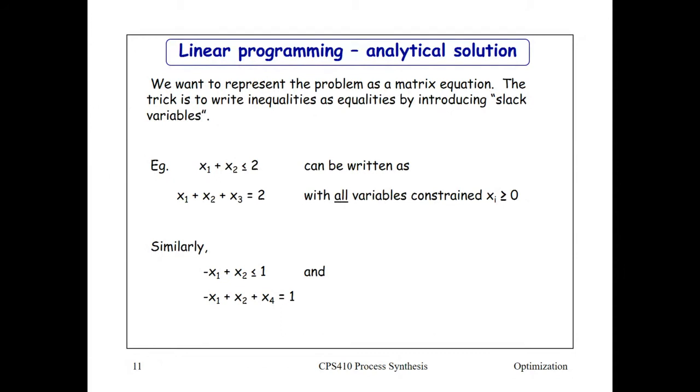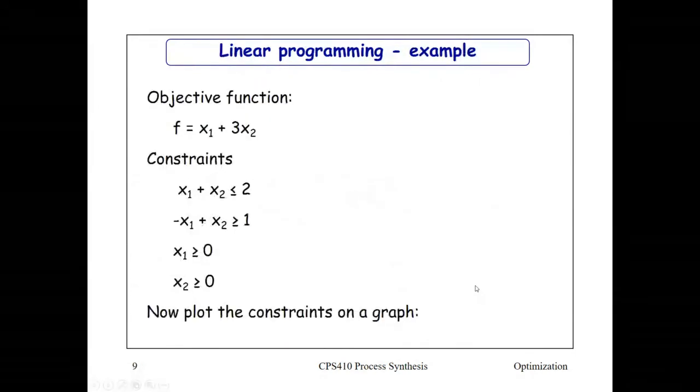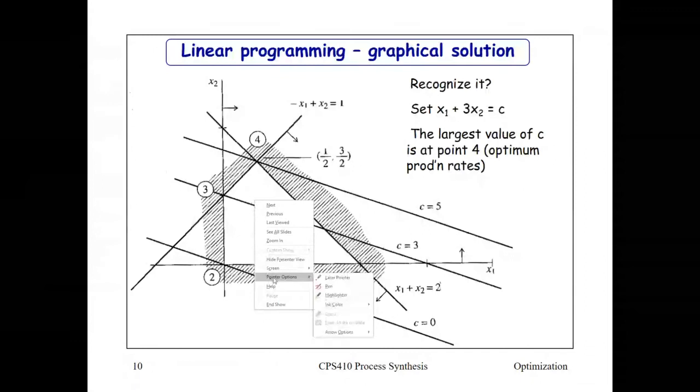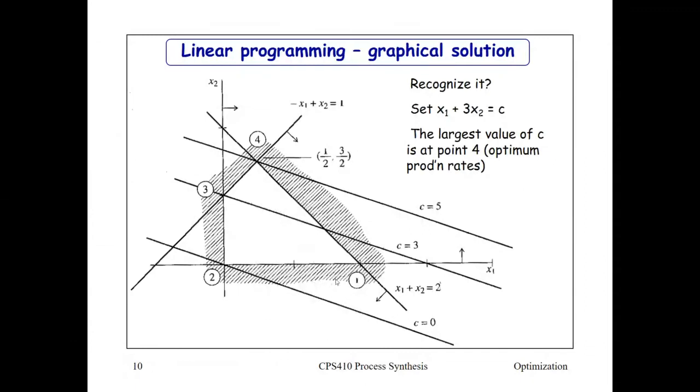Let me just go back to the graph. If you've got an objective function, then it is possible that your objective function, instead of those straight lines, looks something like this. And therefore, it's not necessary, so you might have another contour that runs over there.